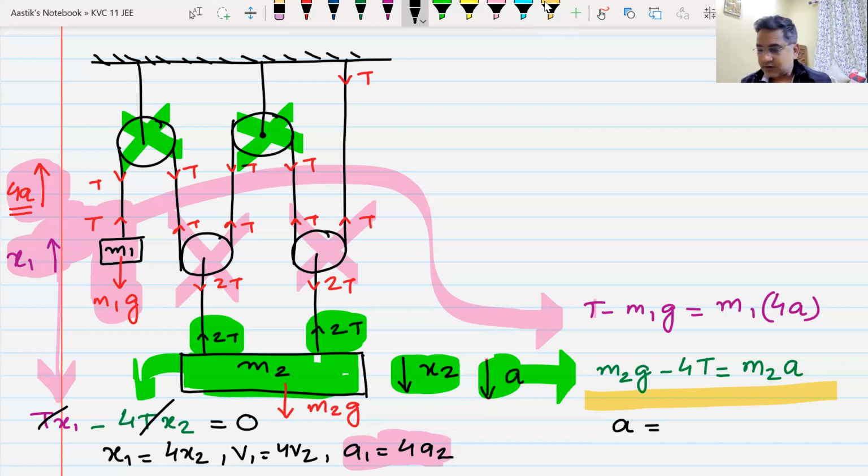It's all about your, I will not even call it math, it's all about your calculations. Calculations are not maths. What is the value of A coming?